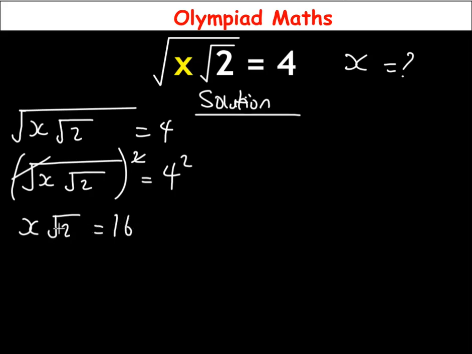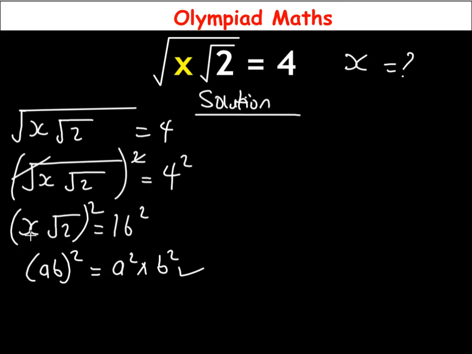Okay, then to eliminate the square roots, I'm also going to square both sides again. If you have (AB)², this equals A² times B². Applying this rule, we have x² times (√2)² is equal to 16², which is 16 times 16, which equals 256.